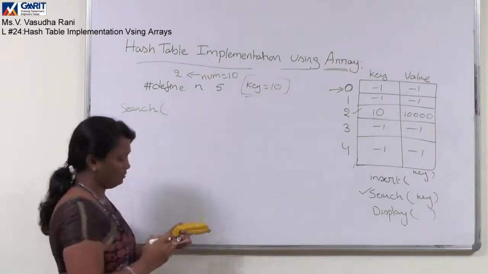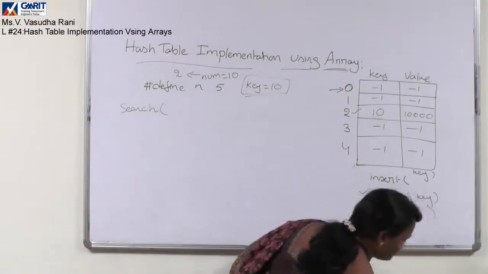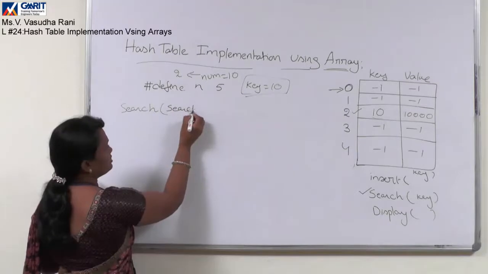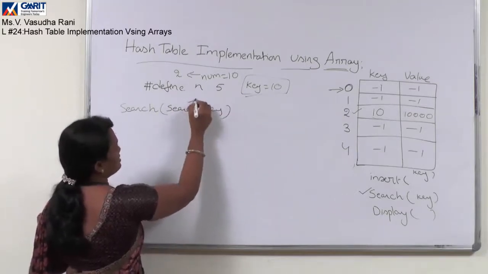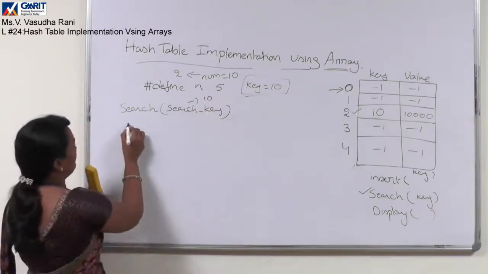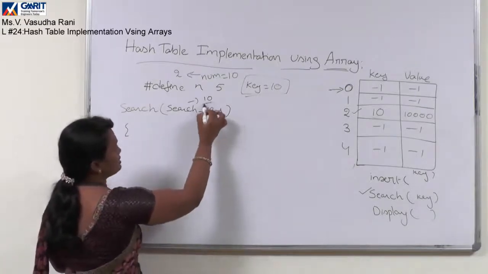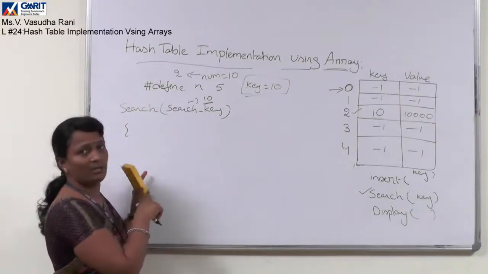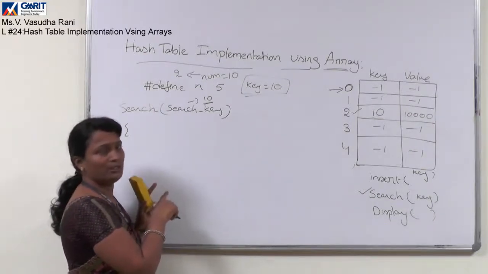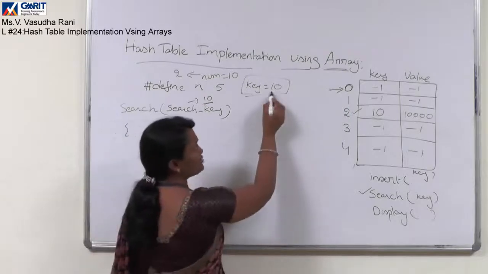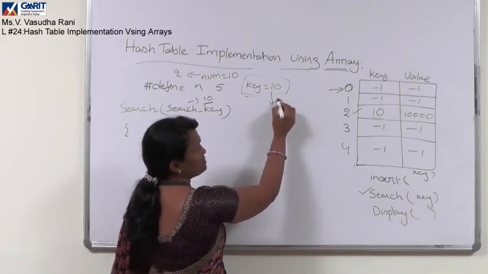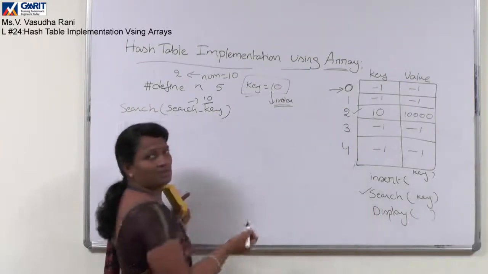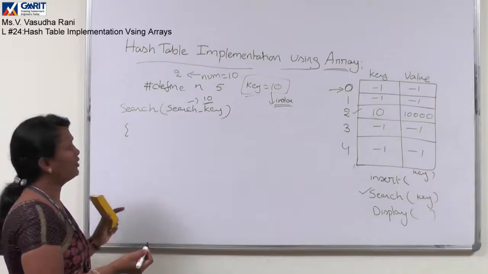Whether 10 exists in the table, we have to check that. So our search key is 10. For this search key, we have to use our hash division modulo method to find the corresponding index, and in that index we have to search the table whether that particular element is there or not.